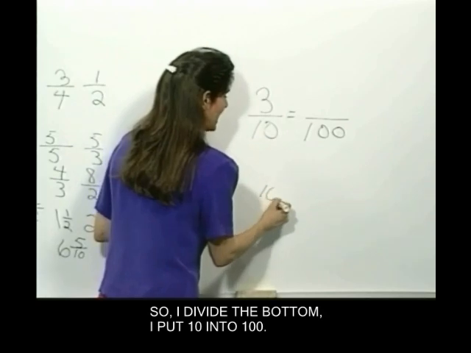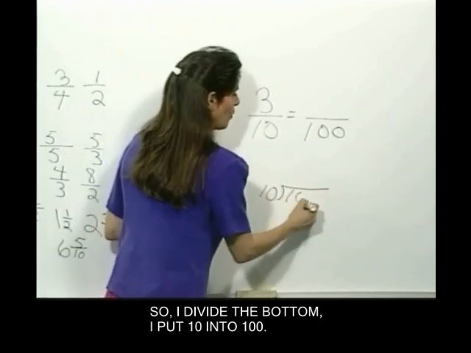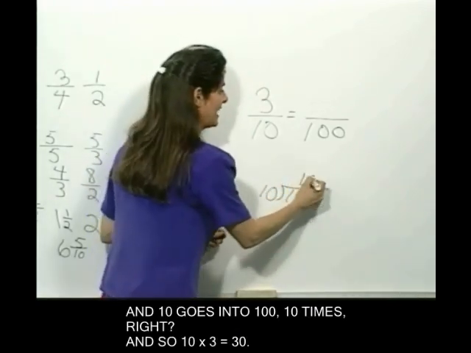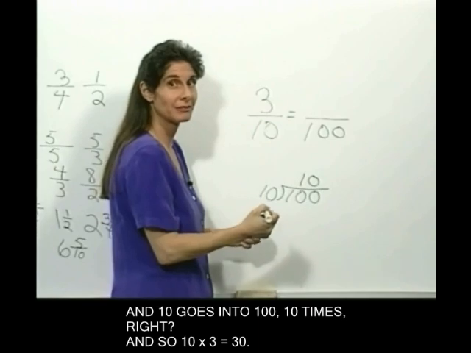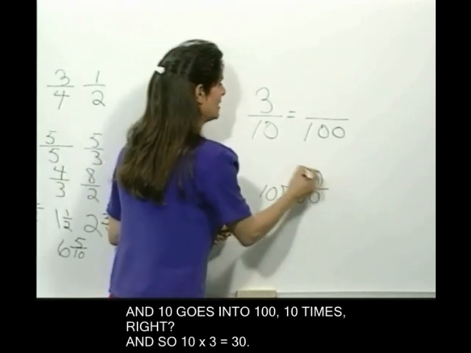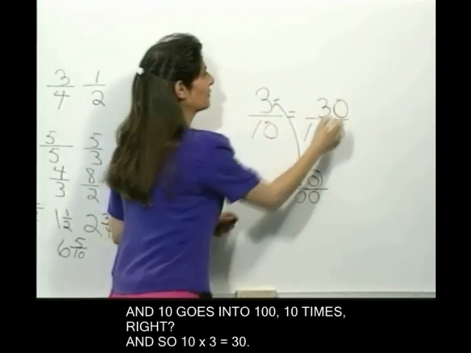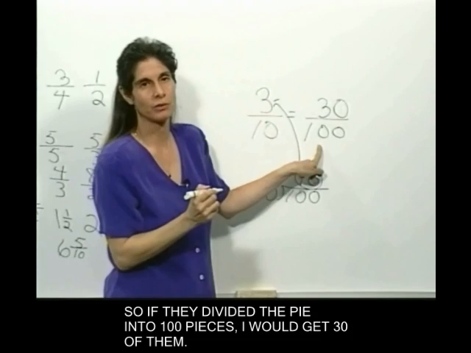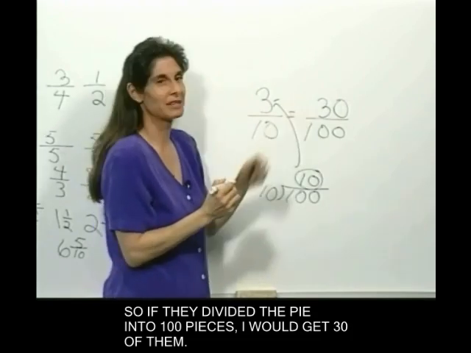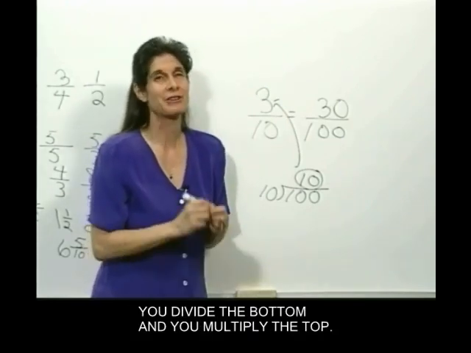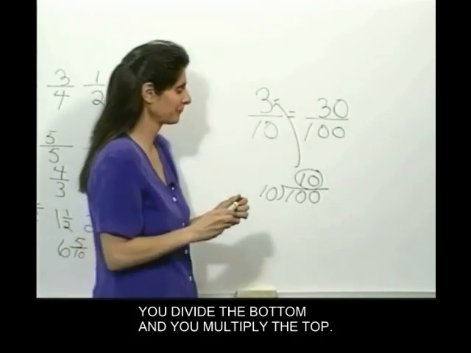I put 10 into 100. And 10 goes into 100 10 times, right? And so 10 times 3 is 30. So if they divided the pie into 100 pieces, I would get 30 of them. You divide the bottom and you multiply the top.